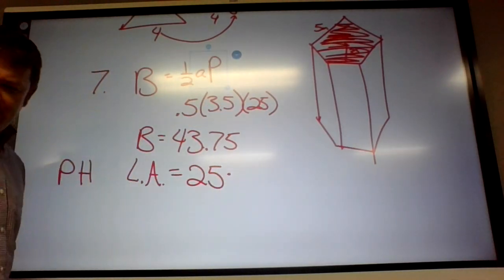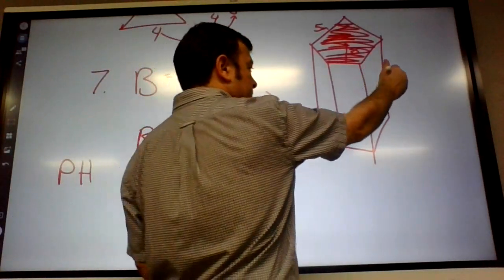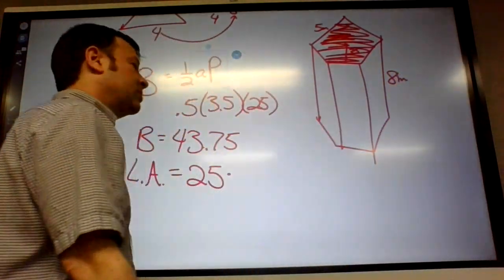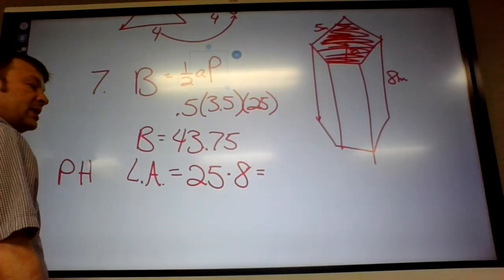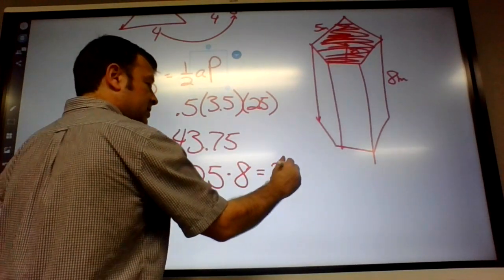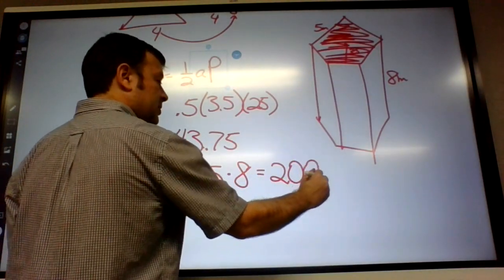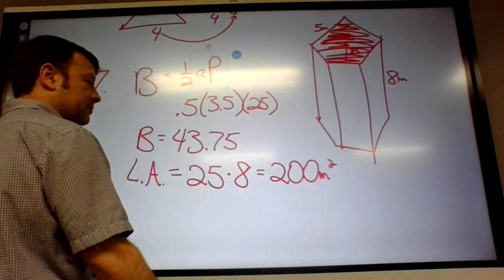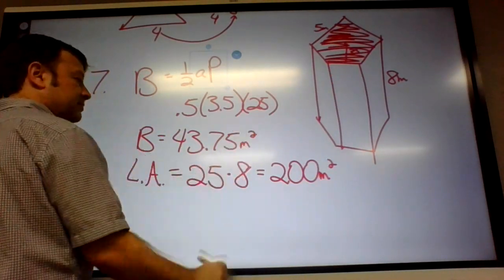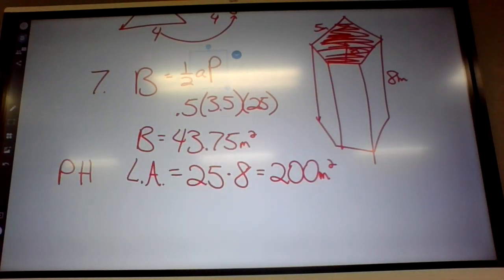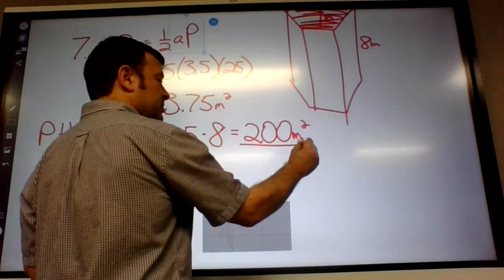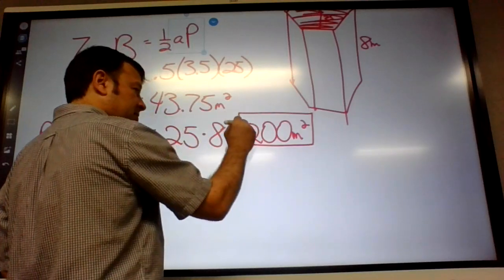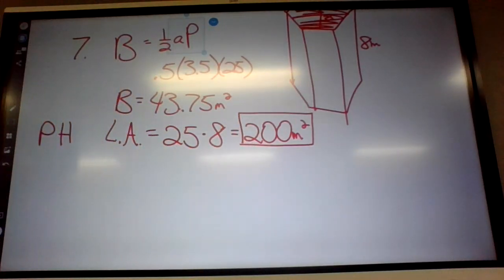What's the height of the prism? In the book, they put an 8 right there. So the lateral surface area is 200. This is one of the questions the book asked, so I'm going to circle it.